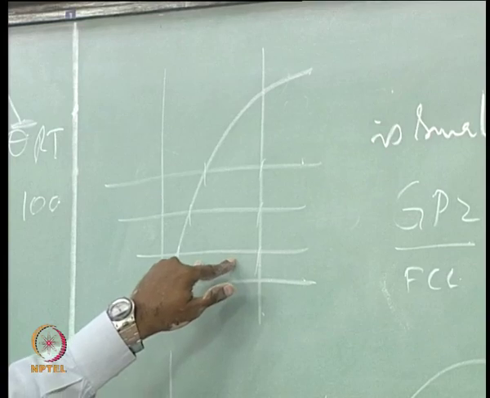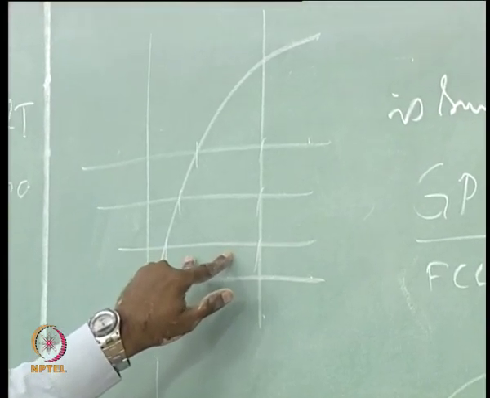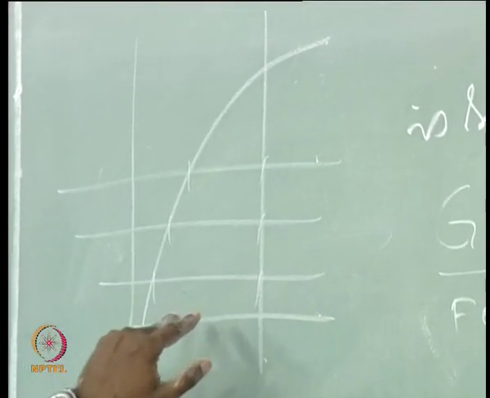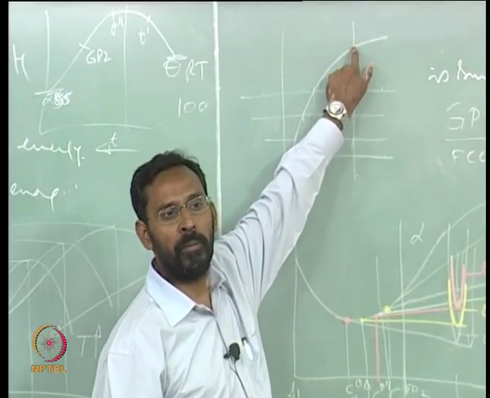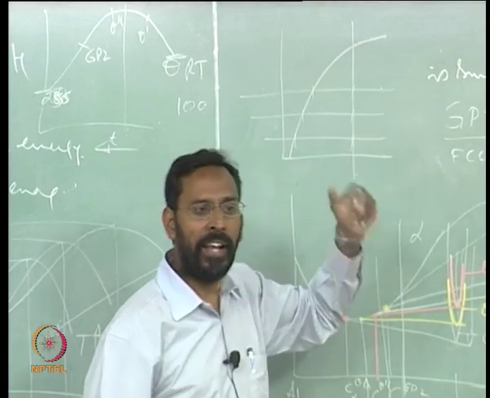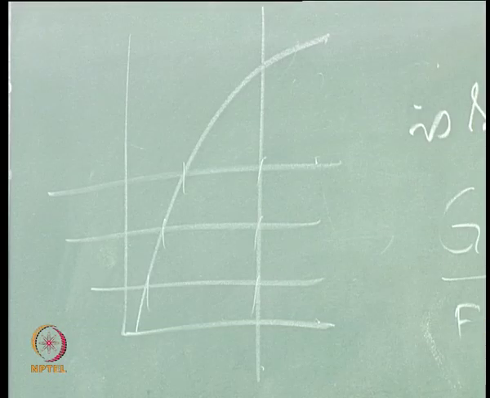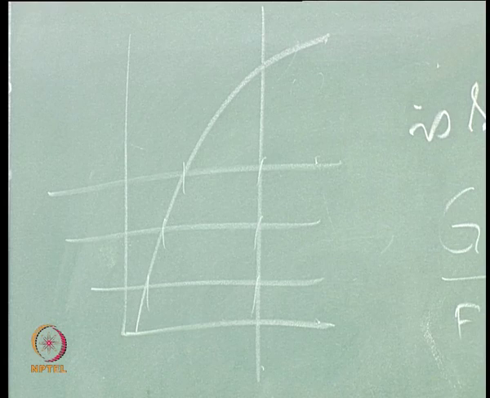Go back to your lever rule, how do you calculate the amount of theta phase? The amount of theta phase is going to depend on this, and the moment I reach here it will be 0. So that is why the higher the temperature you would see, the lower the amount of phase, and that is one, and the size being higher, both of them will cause this. We will stop now.